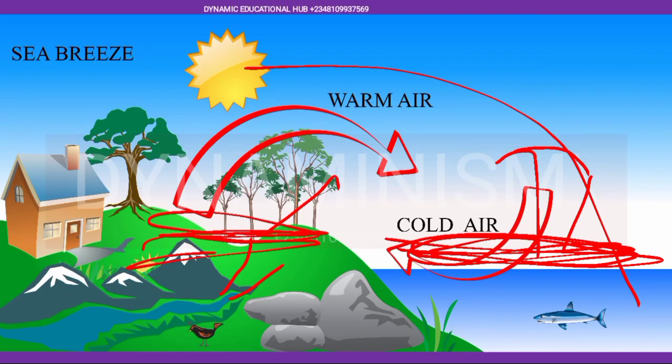And naturally, there is one law. Heat will generally flow from a point of high temperature to a point at which we have low temperature.